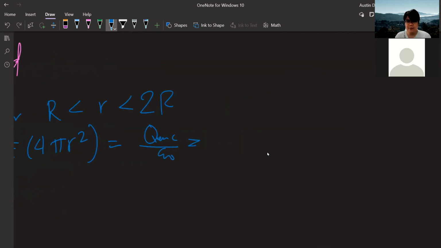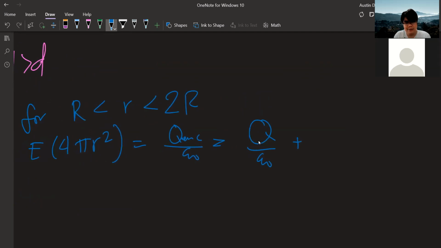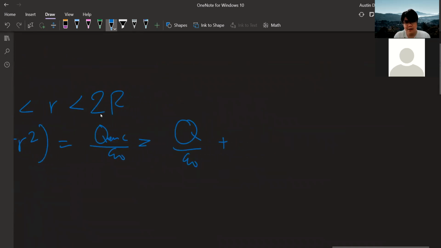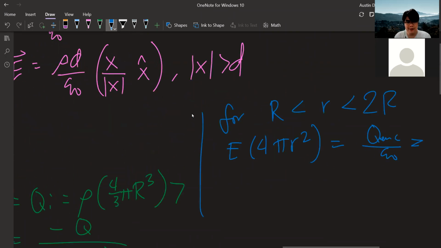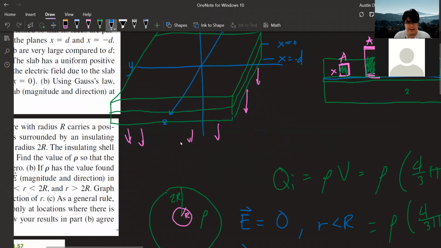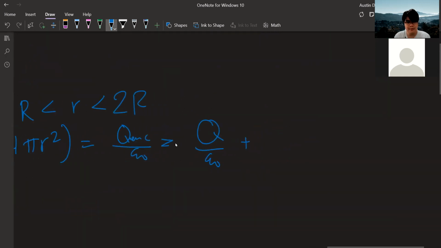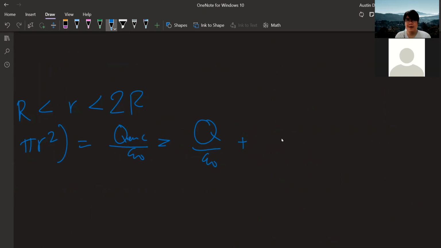And this is equal to two terms. Meron tayo galing doon sa conducting sphere, then from the insulating material. Okay, na-enclose natin lahat yung contribution ni conducting sphere kasi hanggang R lang naman sa conducting sphere and small r is greater than that. So the next term would be kung ilan yung na-enclosed kong charge from the insulating material. Okay, so paano ba to?